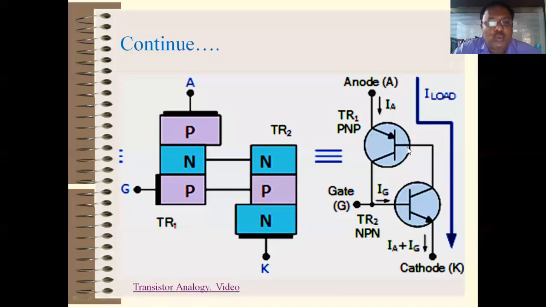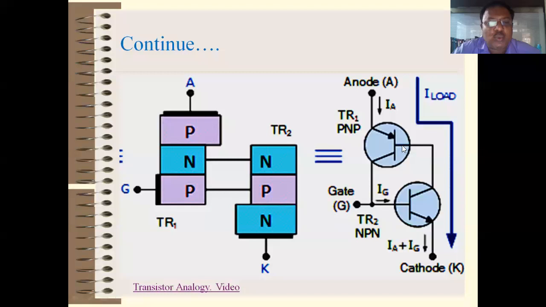This 10 milliampere is nothing but the IB1, right? So IB1 is 10 milliampere. Again, we are assuming that beta is 10. So IB1 is equal to 10, and IC1 equal to beta into IB1.